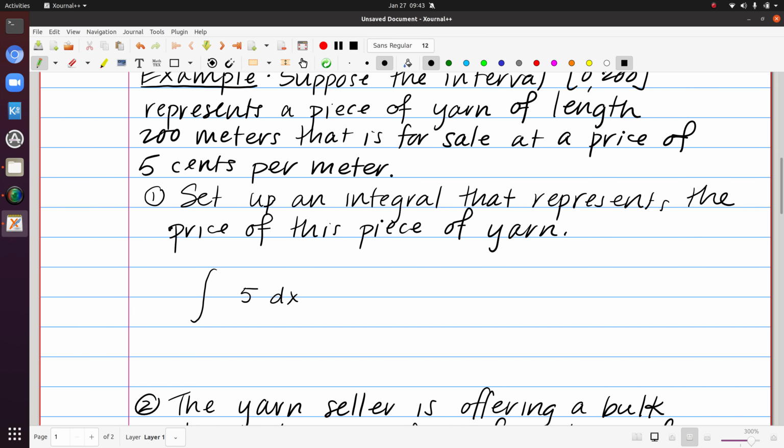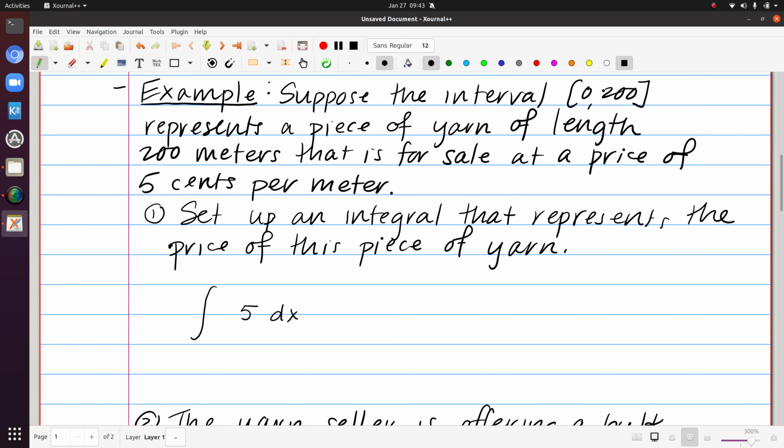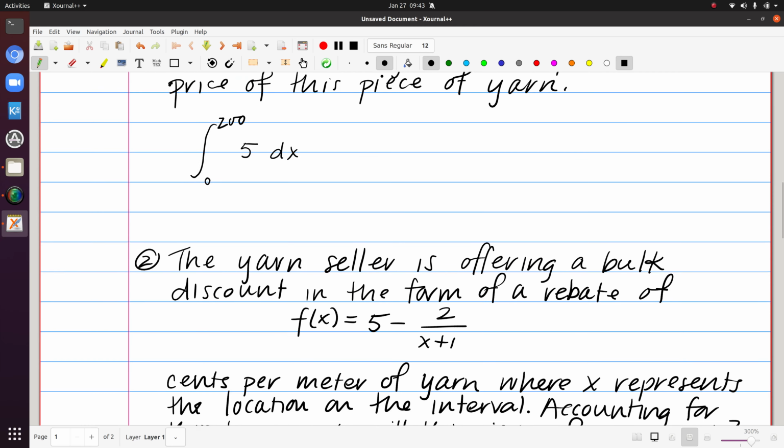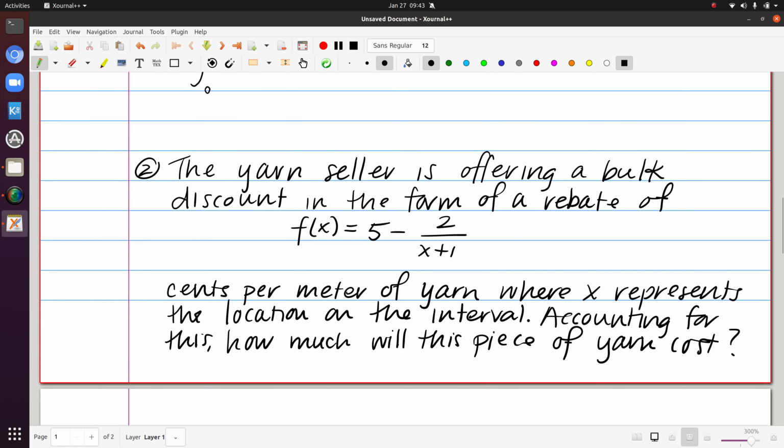If I want to integrate over the appropriate amount of meters, we're set up here with the interval 0 to 200. So we could evaluate that. And if you think about it, that's just going to be 200 times 5, right? That's just going to take the amount of yarn we're going to buy and multiply by the appropriate price. So that makes sense.